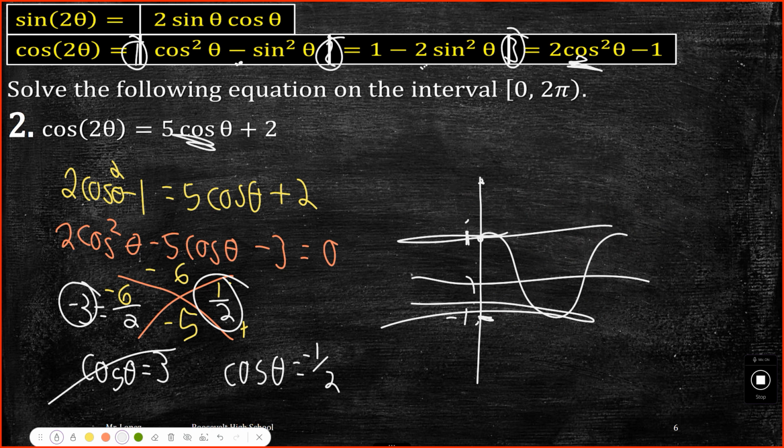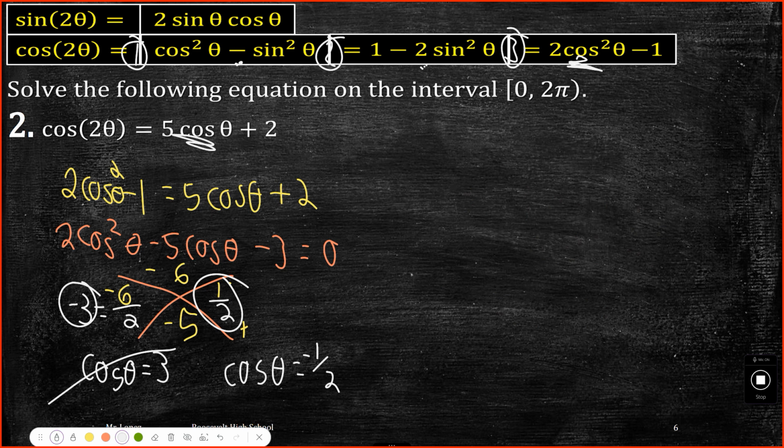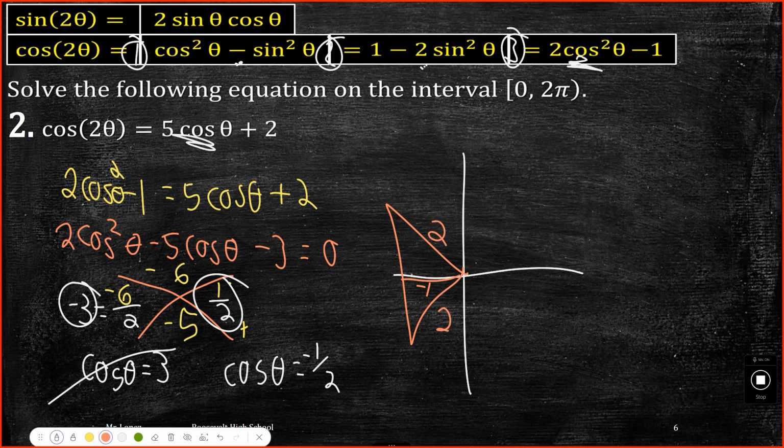Now, where are the solutions for cosine negative 1/2? Right here, because cosine is negative. This is 2, this is root 3.